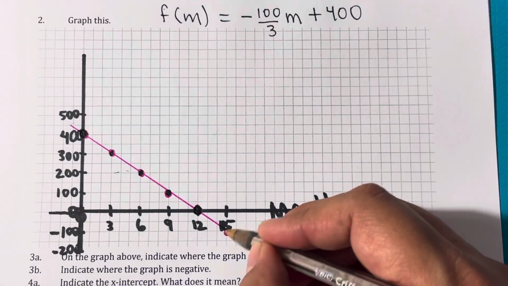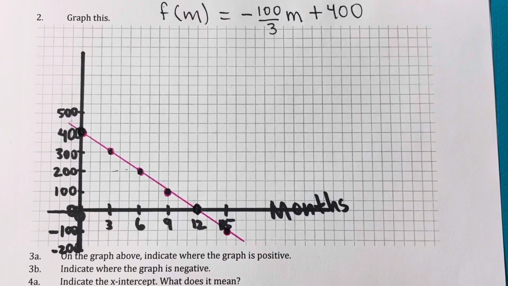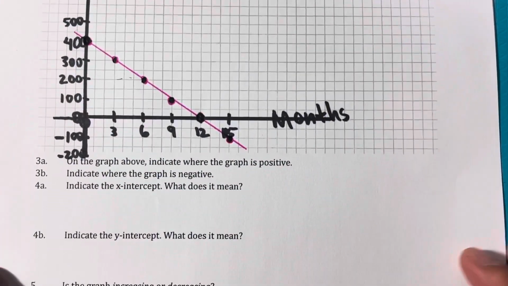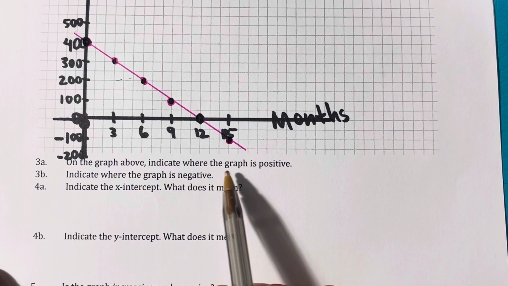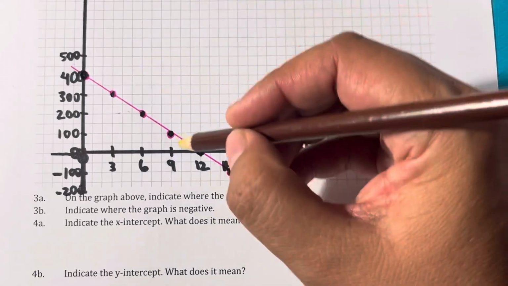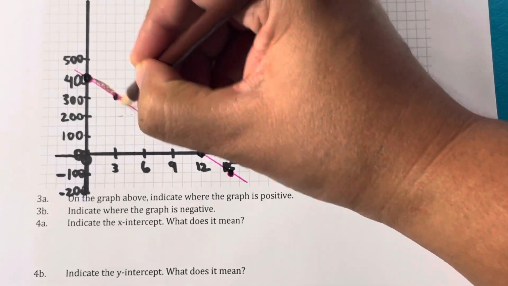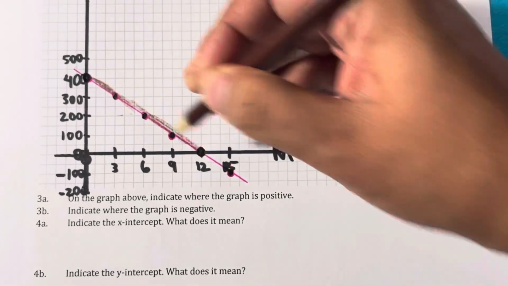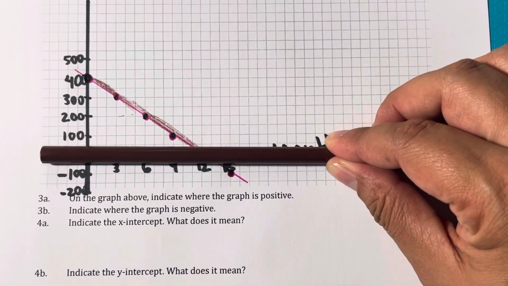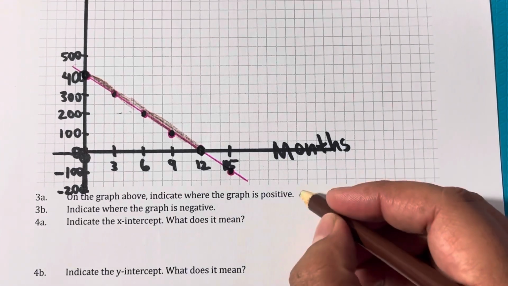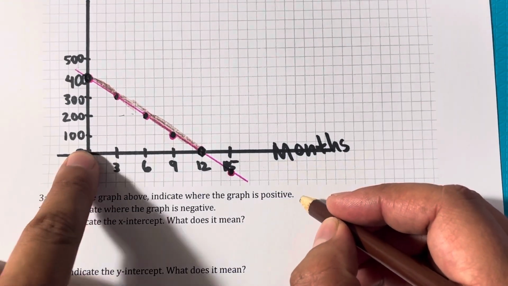Now, it says to stop in there and start right there, look at the information. It says, on the graph above, indicate where the graph is positive. Let's color it brown. It's positive right here, where it started, because it's above the x-axis. So where is it? Between 0 and 12.